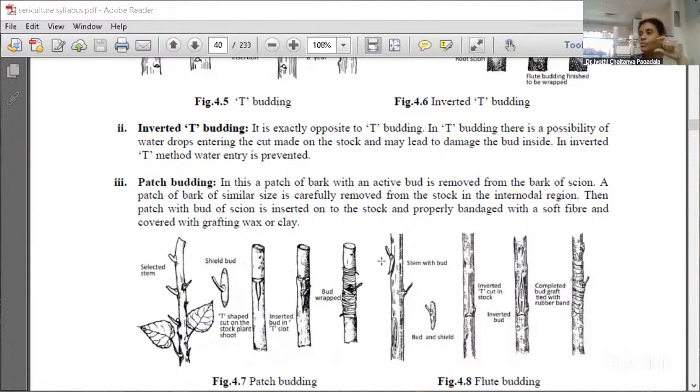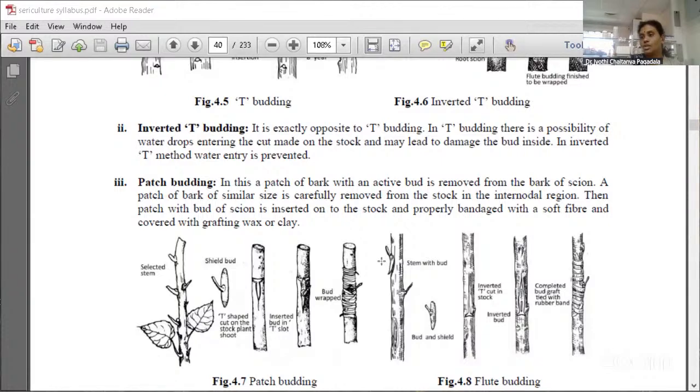While removing the bud, no woody portion should stick to the bark. It is necessary to remove all the buds below and above the budding portion only. There should not be an empty space in between the scion and the cut portion on the stalk.